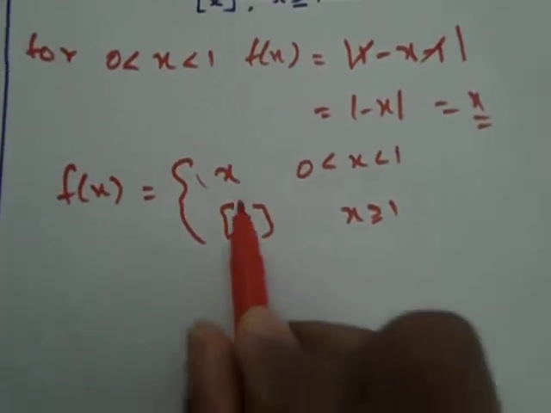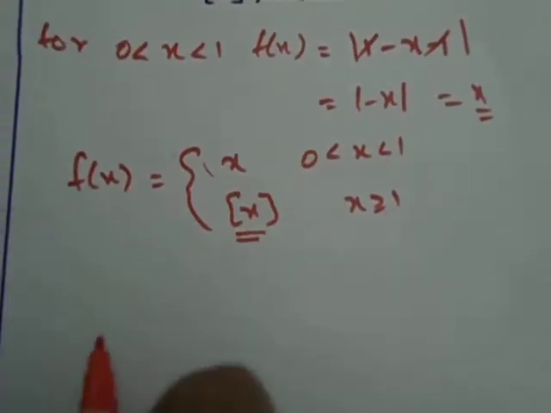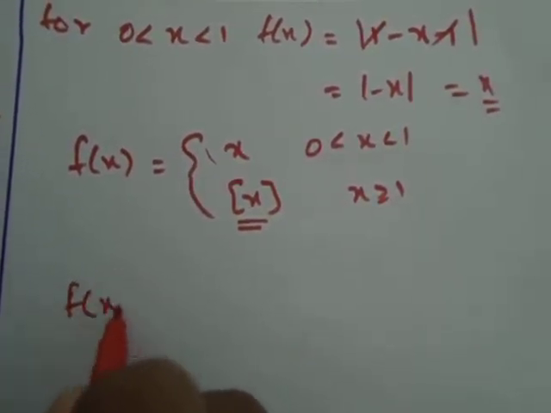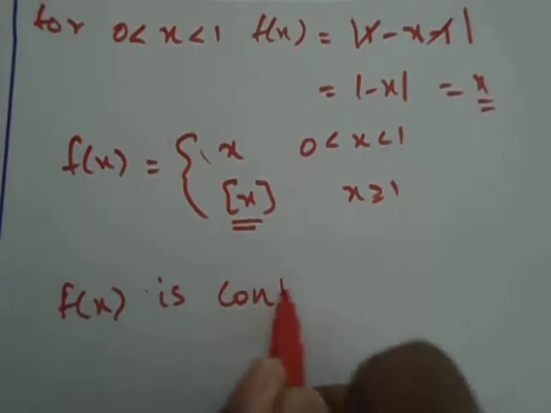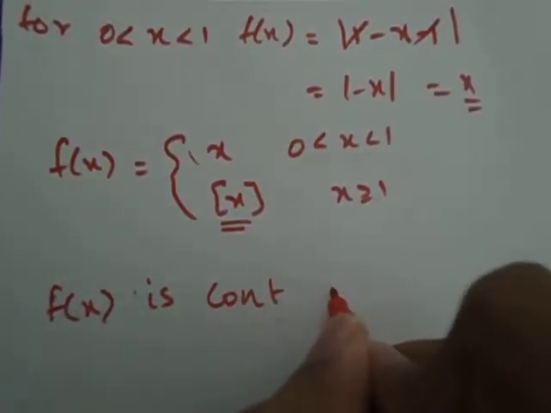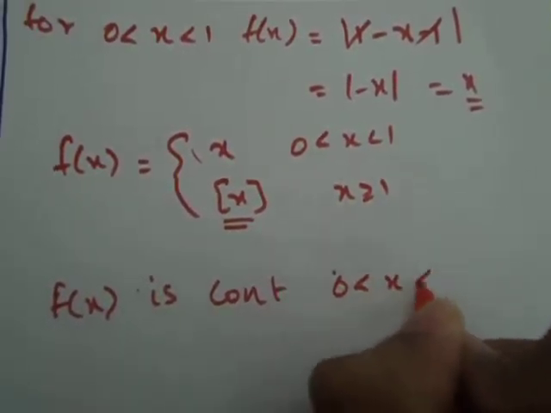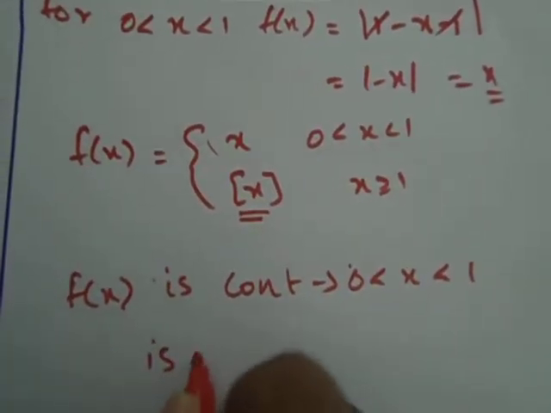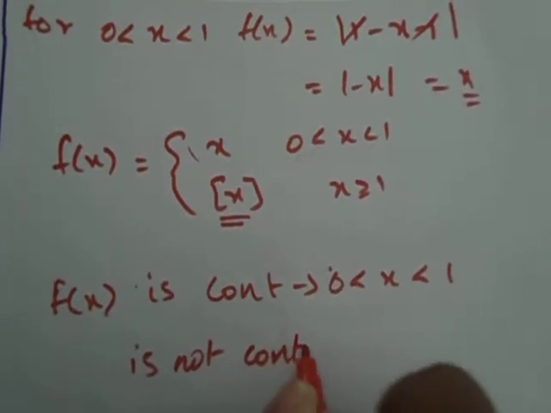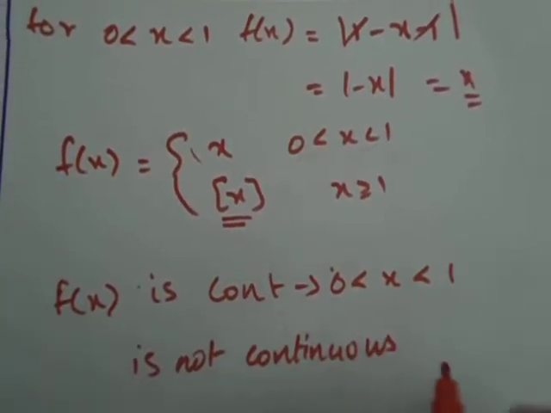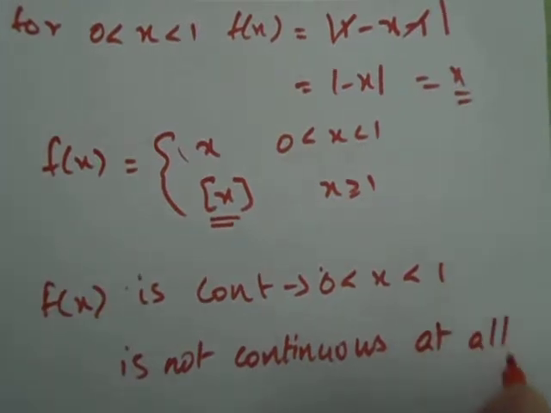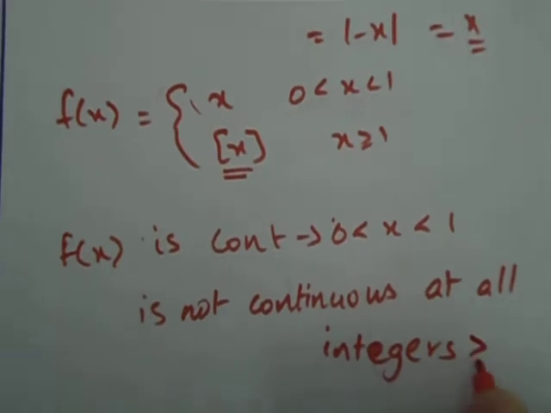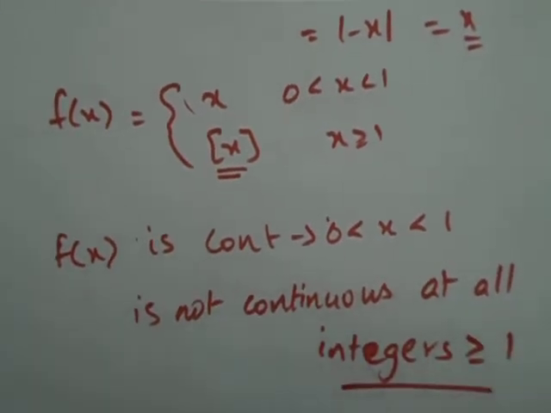At all integer values, the greatest integer function is not continuous. So we see that this function f of x is continuous for 0 less than x less than 1. It's continuous in this interval and is not continuous at all integers greater than equal to 1. This is the answer.